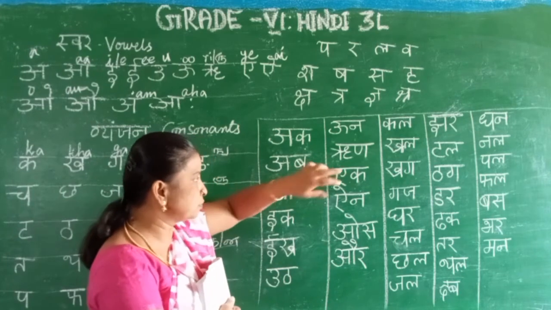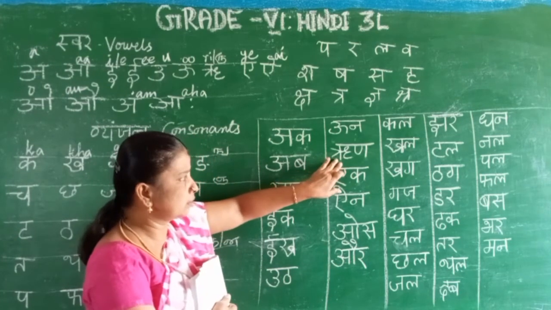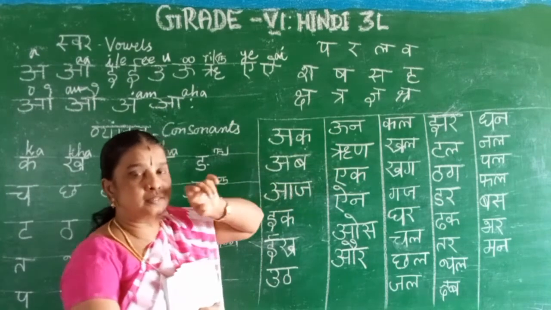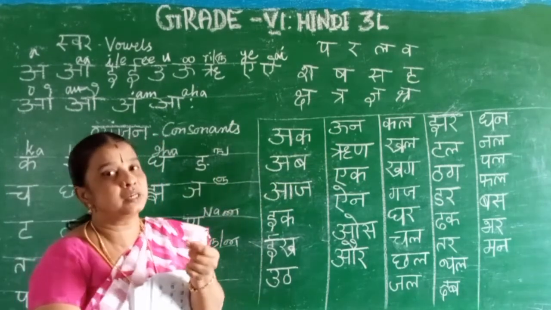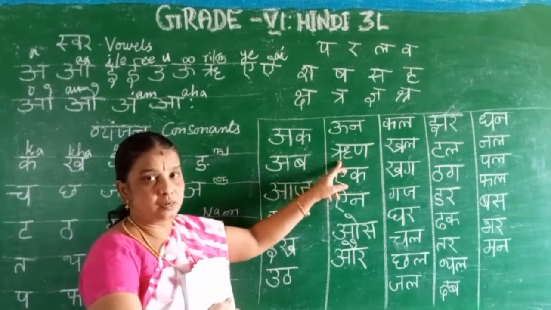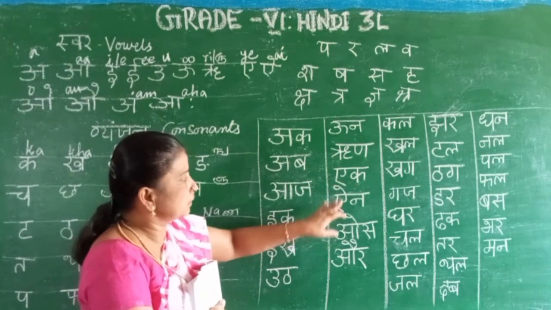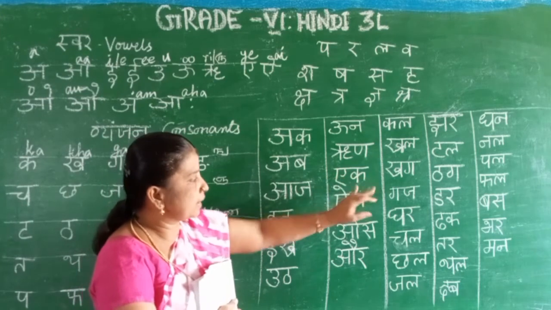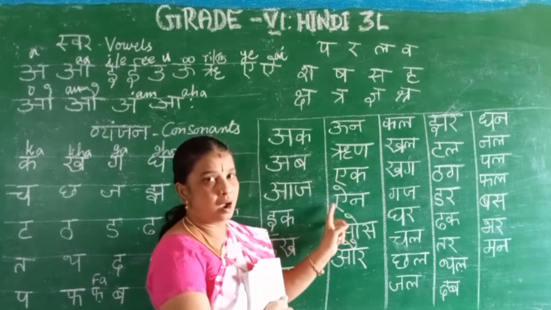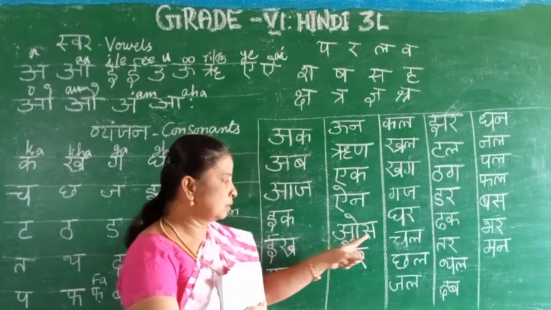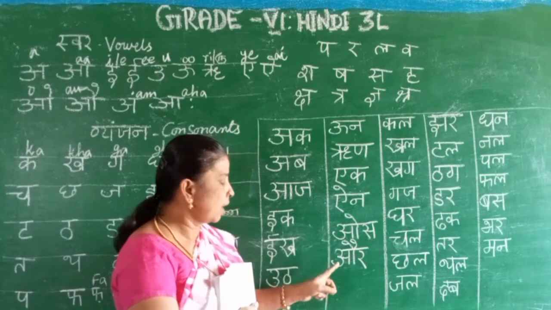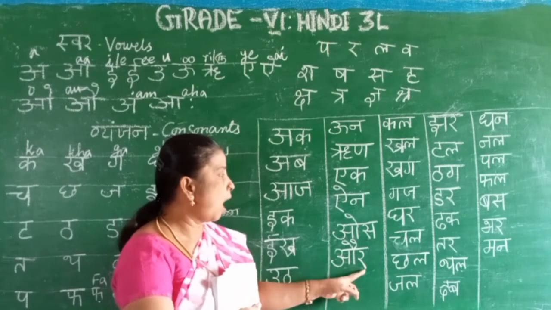This one, two types we have to read here. Run or rin, that sound should be changed very little. Run, that is not rin, run. What is that? Run. Eka ek, aina ain, osa os, aura aur.